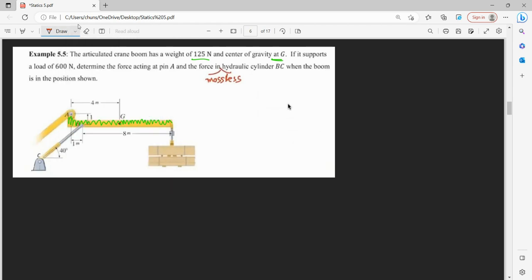So we know that this has weight, and our weight acts downwards. This is 125 newtons at our center of gravity, which for a rectangular beam would be its geometric center. And if it supports a load of 600 newtons, so that's what this load is here, this is our 600 newtons, determine the force acting at pin A and the force in the hydraulic cylinder BC.